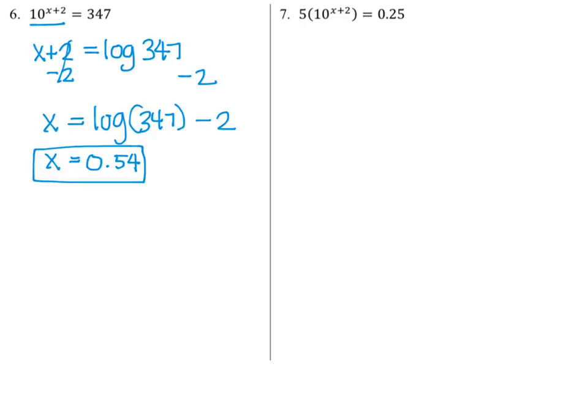On number 7, I need to get this exponential piece by itself. In order to do that, I need to get rid of the 5. So I'm going to start by dividing both sides by 5. So I'm left with 10 with an exponent of x plus 2 is equal to 0.05. I'm going to then rewrite this in logarithmic form.